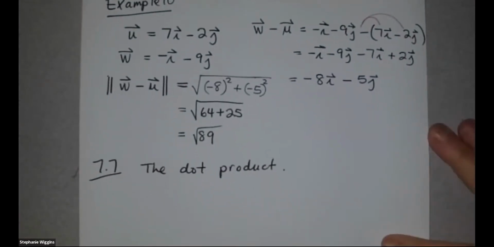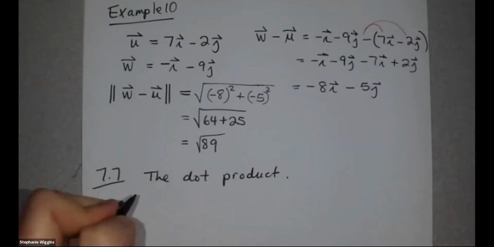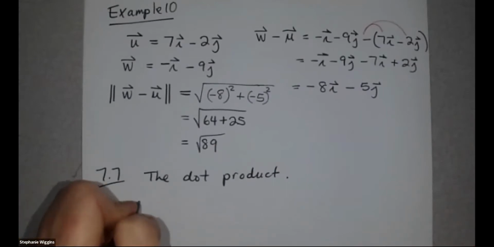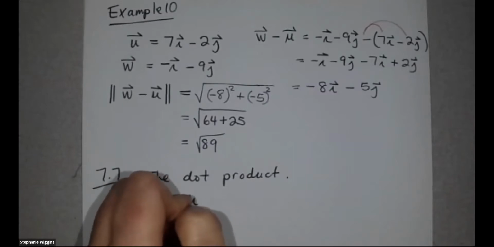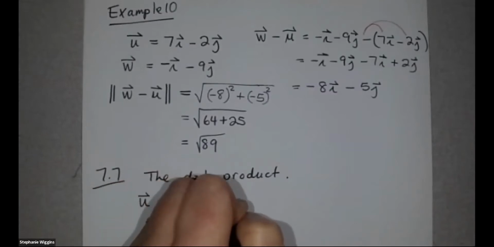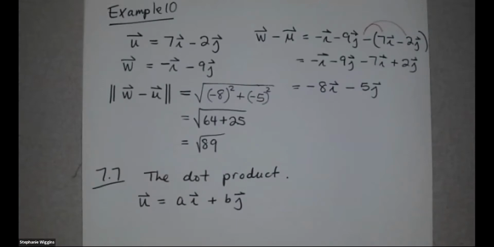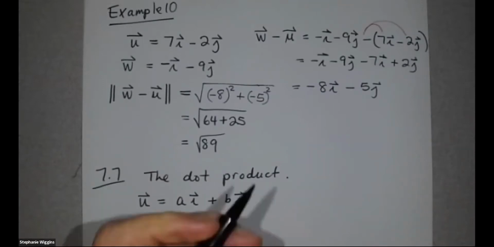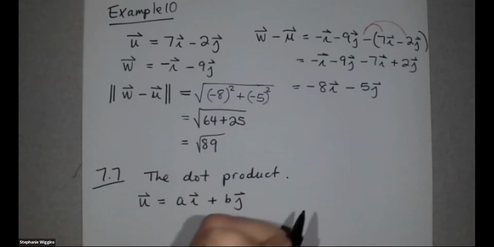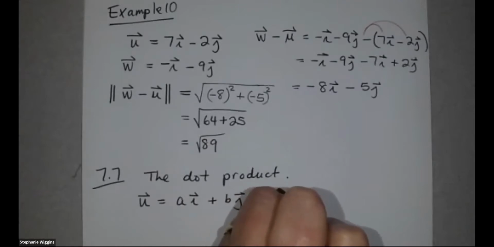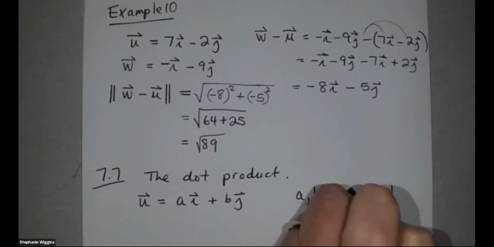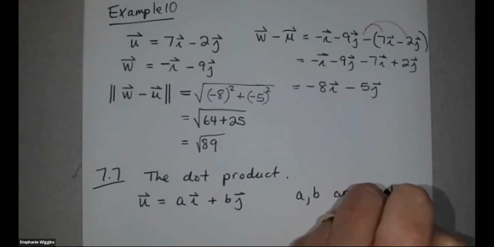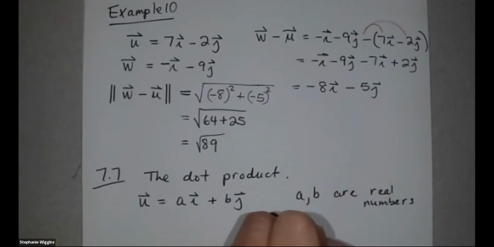So let's suppose you have two vectors. Let's suppose that u is ai plus bj, and a and b are real numbers. So are c and d.